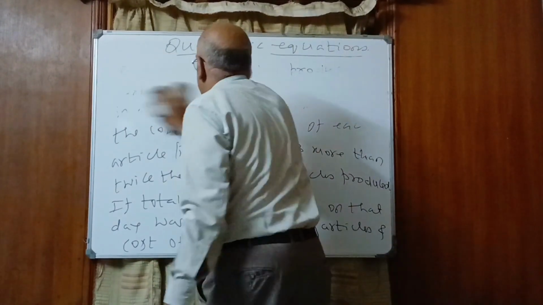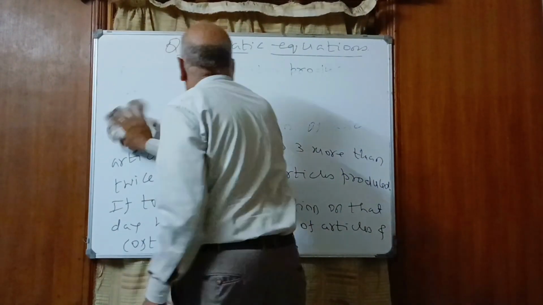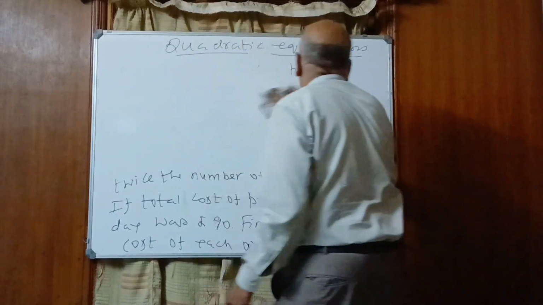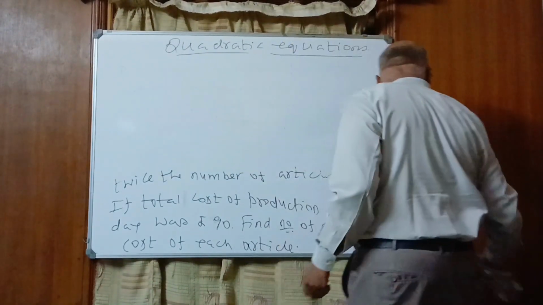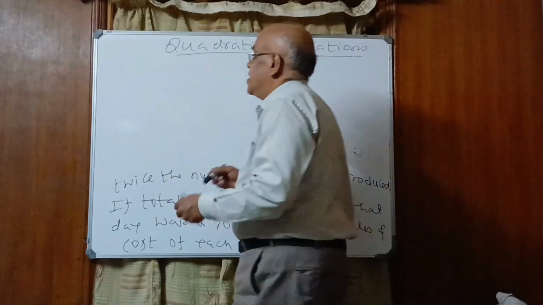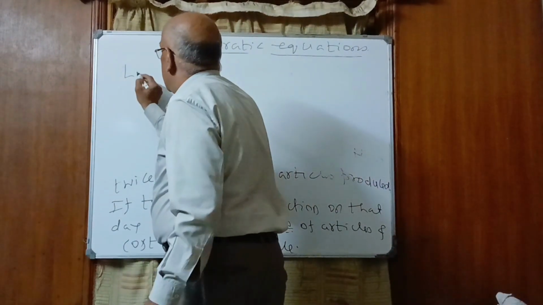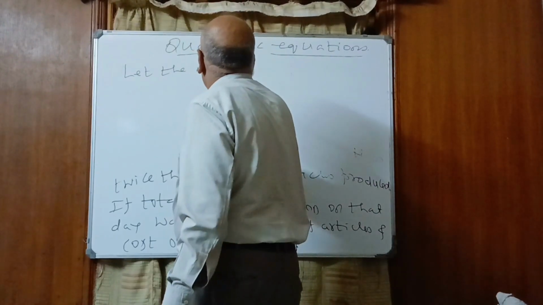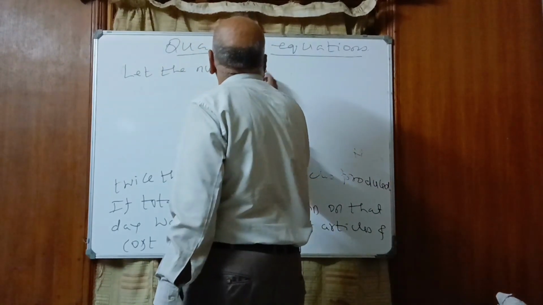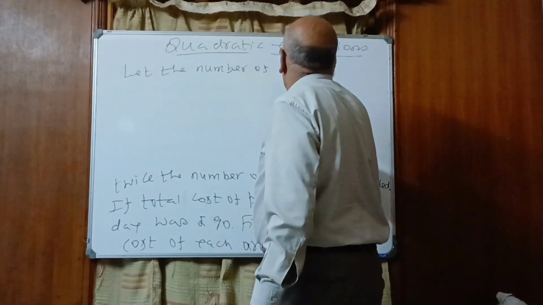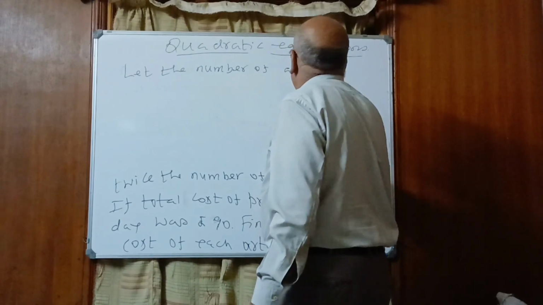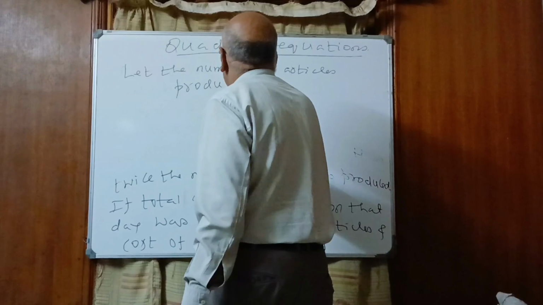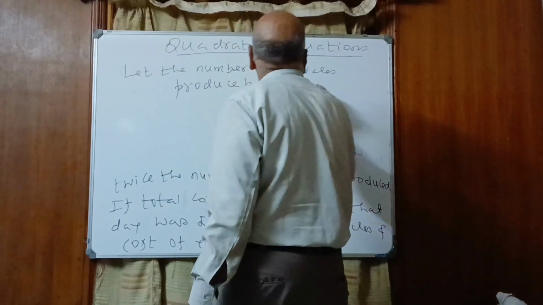I'll drop this question, children, because the question itself has occupied the entire space on the board. So, let the number of articles produced be x.